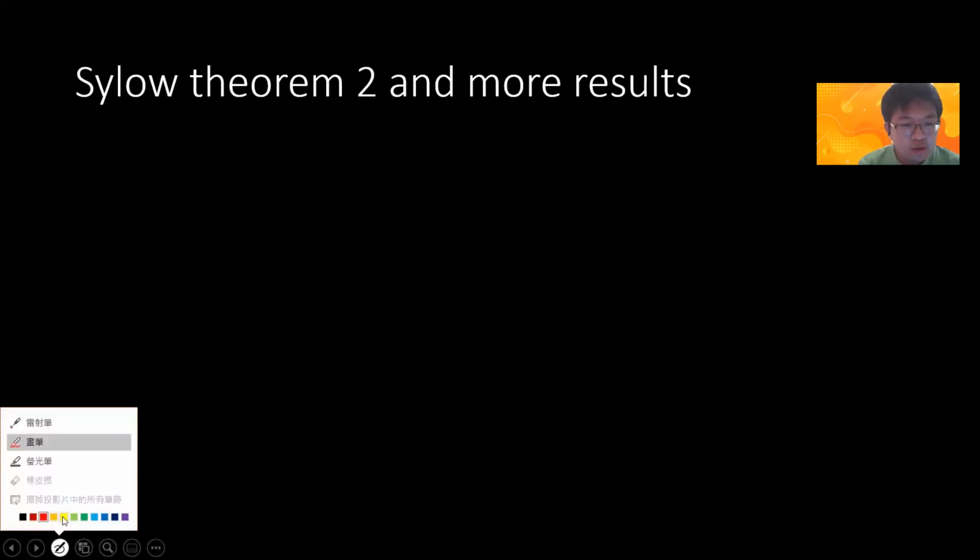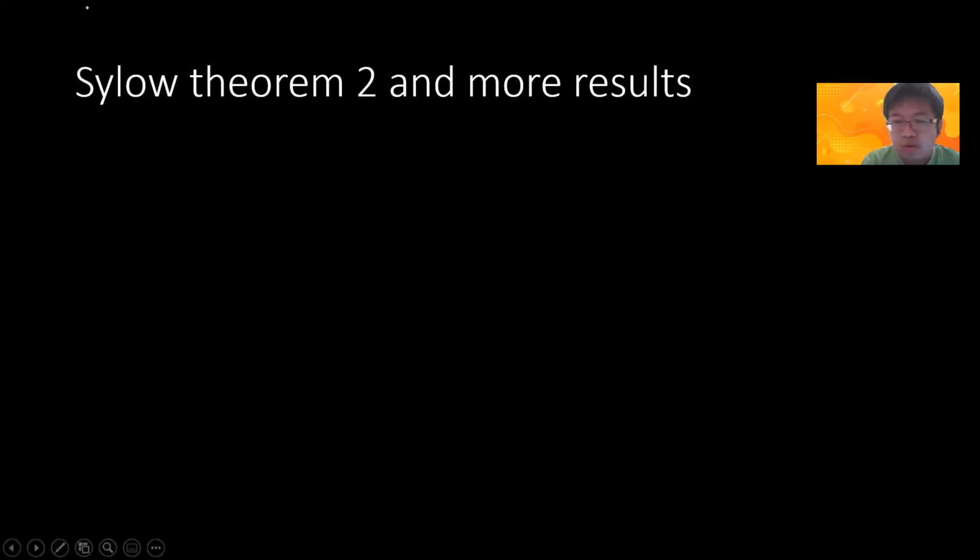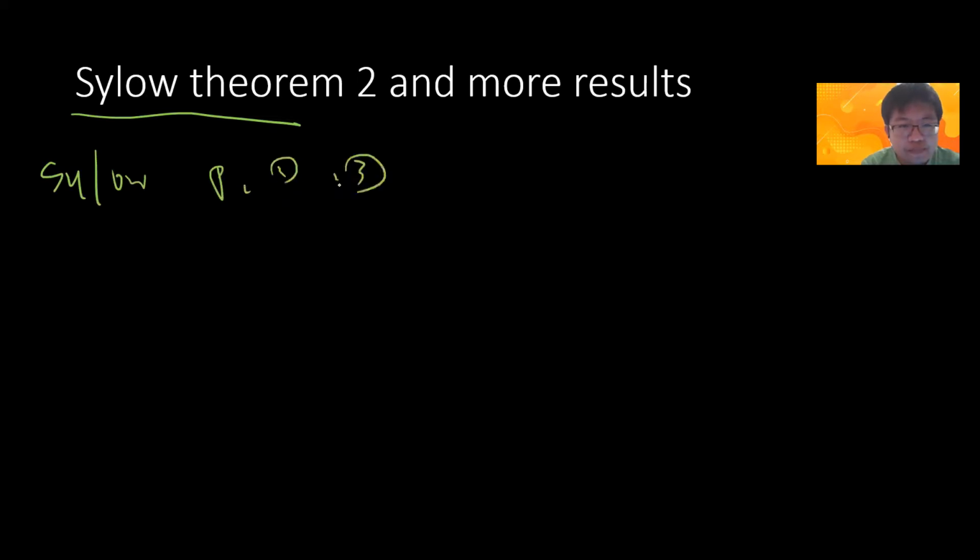Okay, so let me quickly write down what we're going to prove, the Sylow theorem part 2. Let me recall the setup. Sylow has 3 theorems. Our group G has order p^n times m, and the greatest common divisor of p and m is 1.